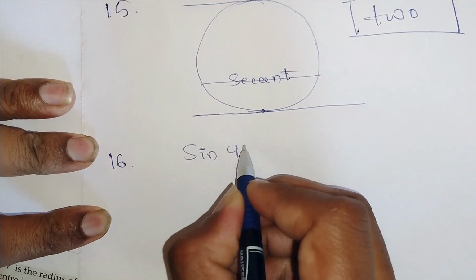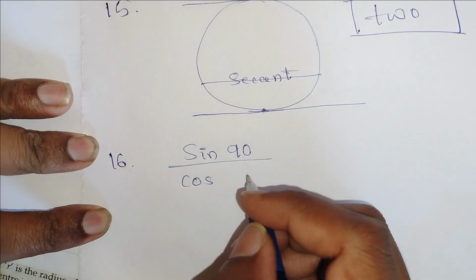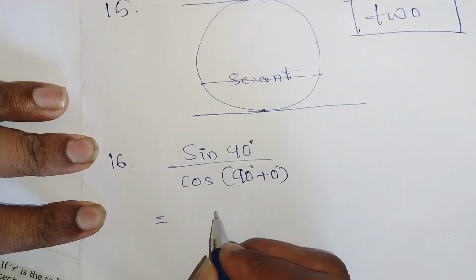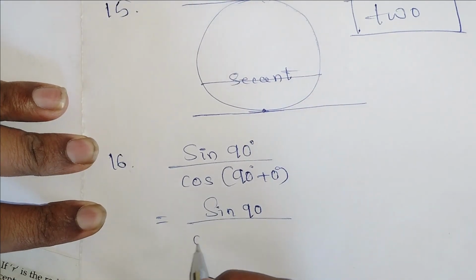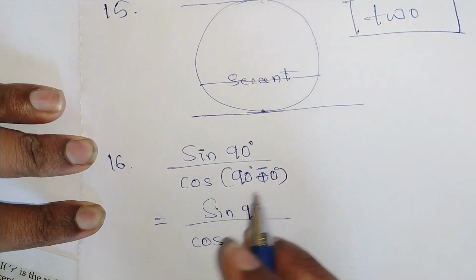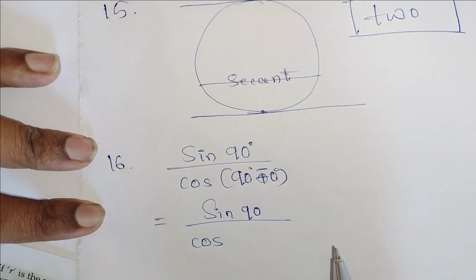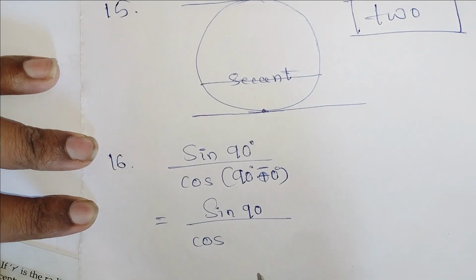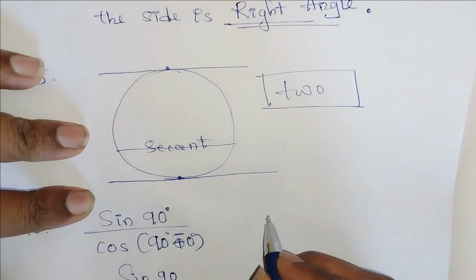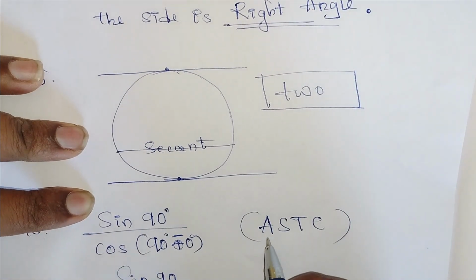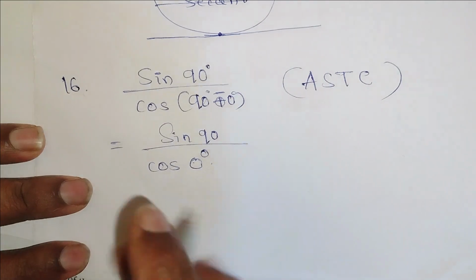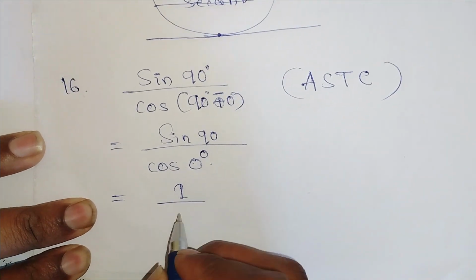It's the ASTC rule, and in the first quadrant all functions remain the same function, so it's cos 0. So sin 90 is 1 and cos 0 is also 1, so the answer is 1.